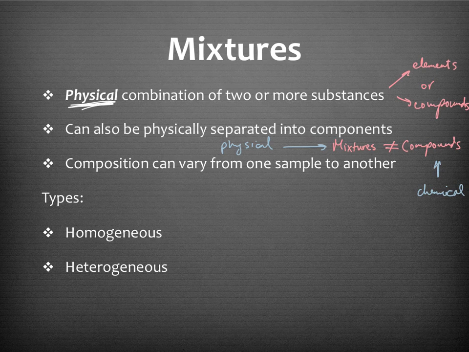Okay, and here composition can vary from one sample to another. On the other hand, compounds have to have the same composition in different samples. Whereas here, mixtures have different composition in different samples. Okay, now let's look at the two different types of mixtures: homogeneous and heterogeneous. So homogeneous, let's start with, is even mixing.